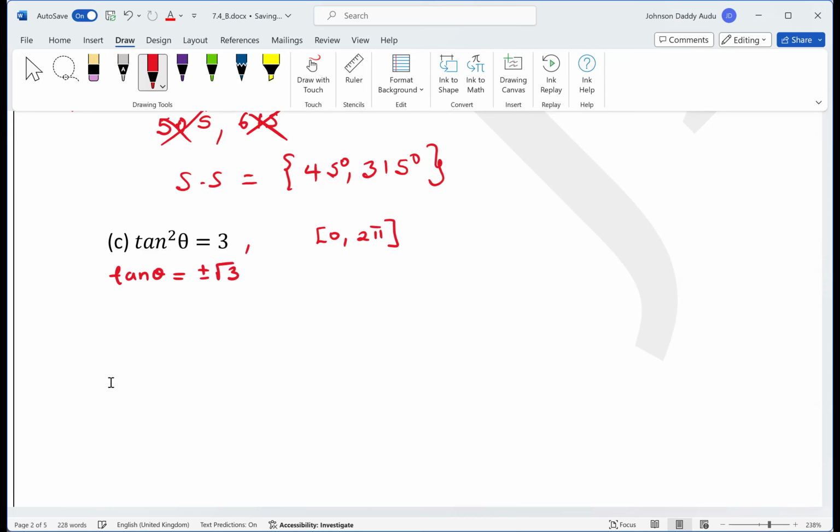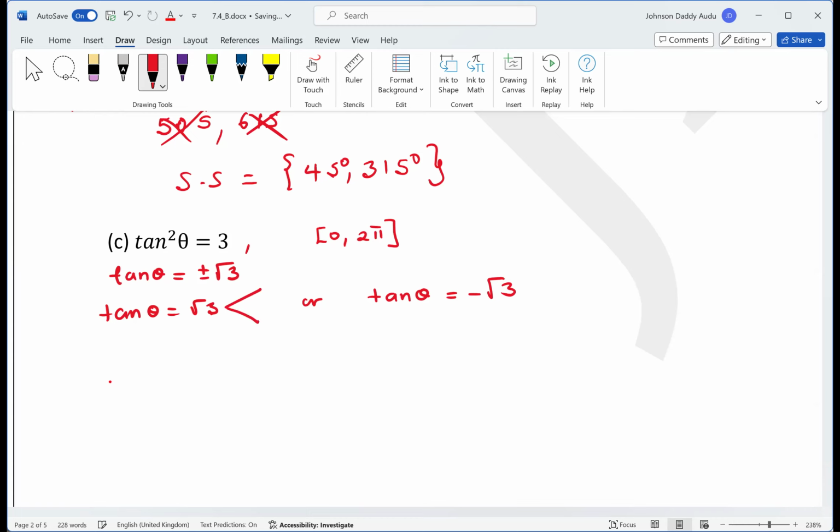Root 3. So we have two cases, right? We have the case when tan theta is positive root 3, or tan theta is negative root 3. So we have to consider these individual cases.